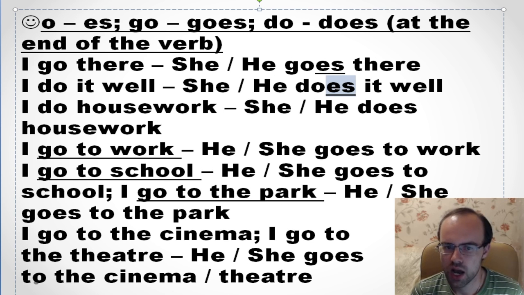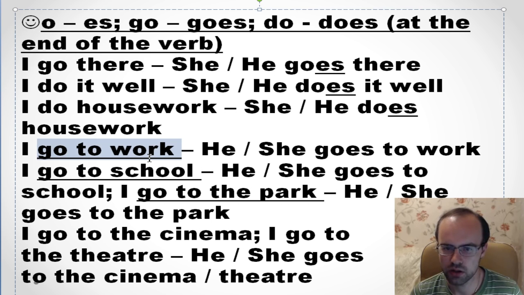I do housework. She does housework. He does housework. I go to work. Yeah, we say I go to work. Please remember this phrase.